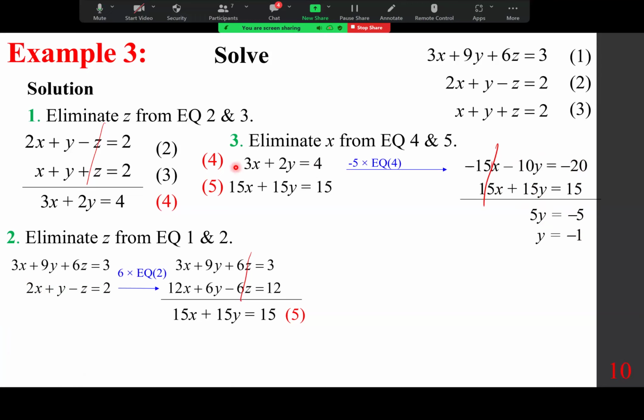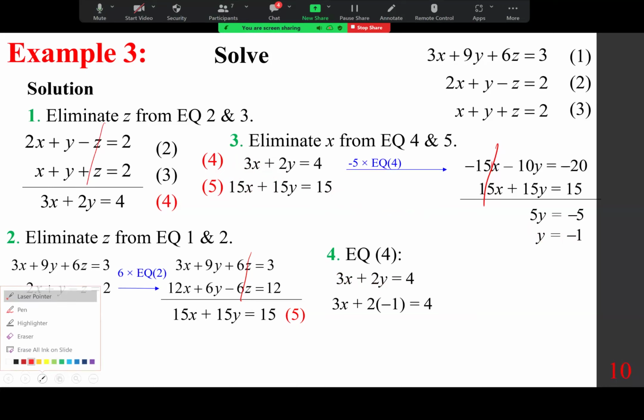Now, remember equations 4 and 5, they have only 2 variables. So you have to go with either 4 or 5 to find the other one. Y is given, so the other one would be x. For example, if you use equation number 4, which is 3x plus 2y equals 4, you say 3 times x plus 2 times negative 1 equals 4.